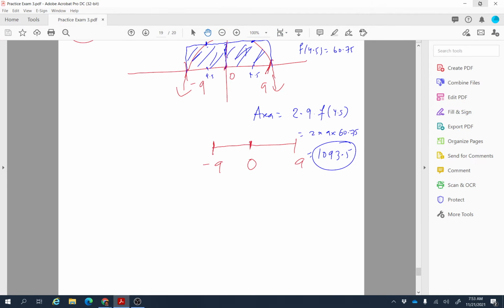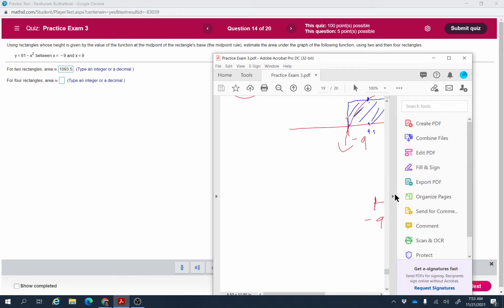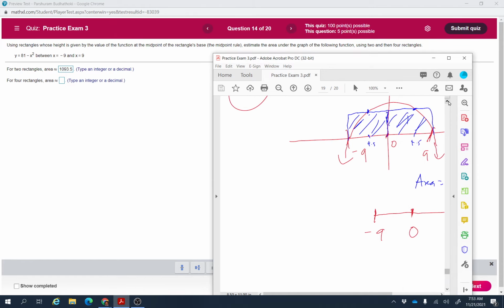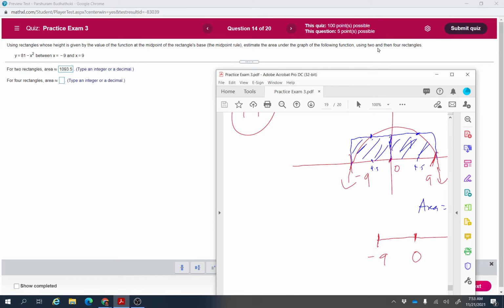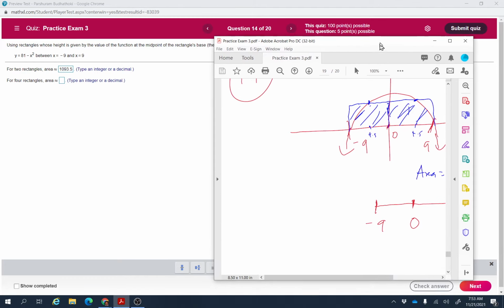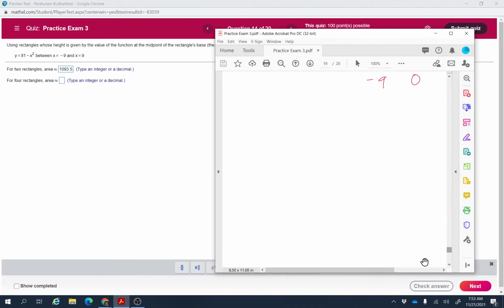Okay, and now we can do the same thing, but instead of just creating 2 rectangles, we need to create 4 rectangles this time. Look at here, using 2 and then 4 rectangles. 4 rectangles means we want to divide this interval -9 to +9 into 4 different subintervals.